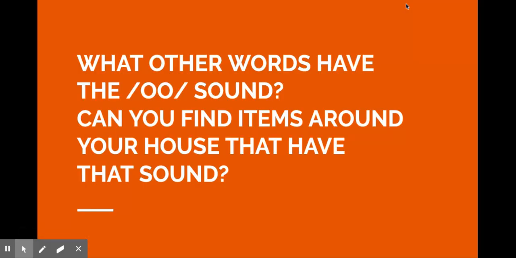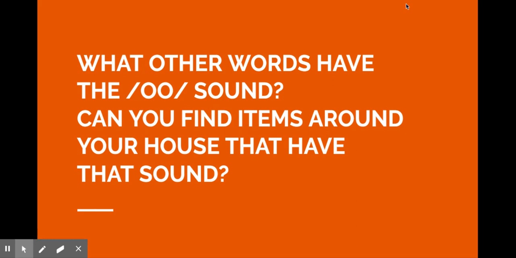Okay, so moving on, what other words have the oo sound? Can you find items around your house that have that sound? So I want you to go on a little scavenger hunt around your house and see if you can find some items, at least one, that has oo in the word. So for example, broom was one of our vocabulary words.